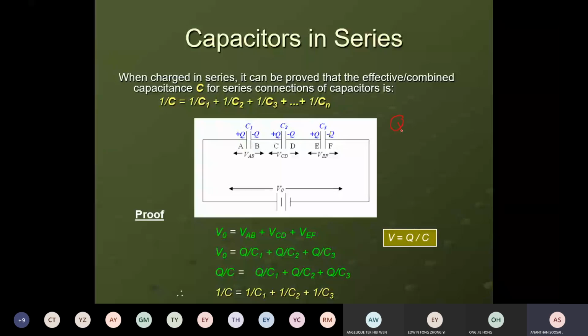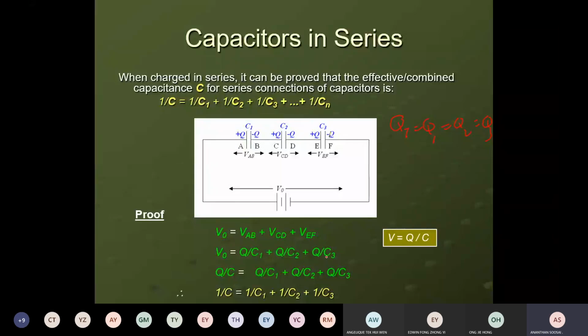So the first formula: Q total is Q1 equals Q2 equals Q3. The charge stored is the same. According to Kirchhoff's second law, V naught is VAB plus VCD plus VED. The voltage is split, added. So for V naught, we write V in terms of Q over C1, Q over C2, Q over C3.